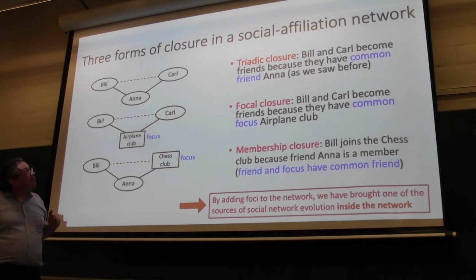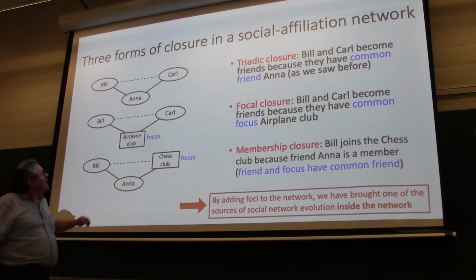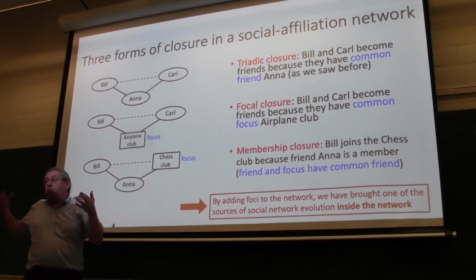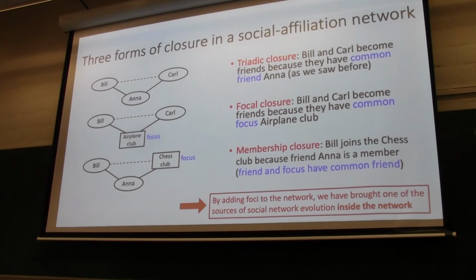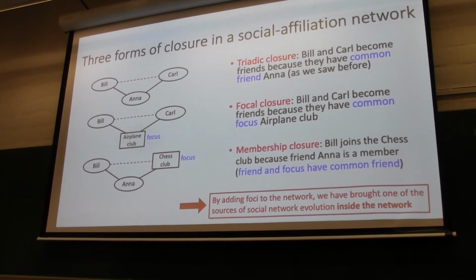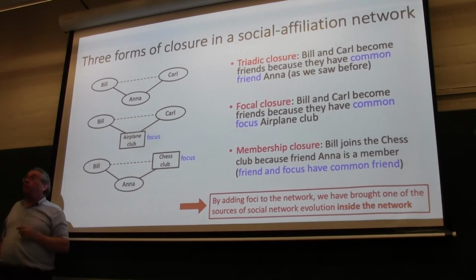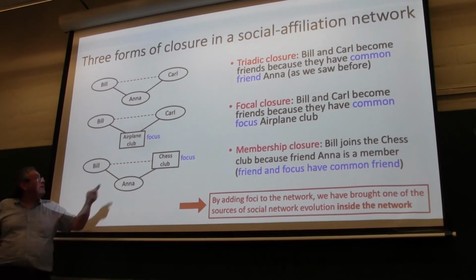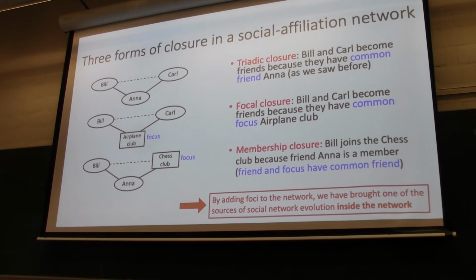This is called focal closure. So Bill and Carl become friends. If you didn't know this, it would be kind of weird. Bill and Carl, who don't know each other, all of a sudden become friends. Why? Well, if we didn't have this node, we would have no understanding of it. So adding this node to the graph helps us understand why people are friends.